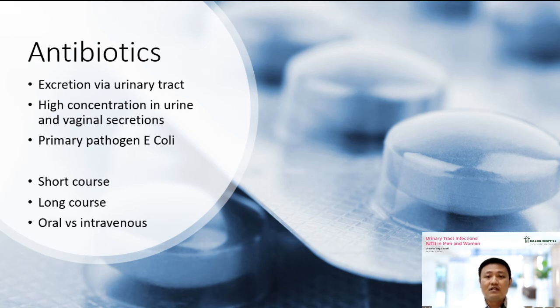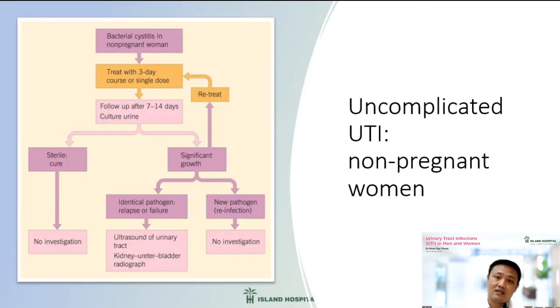Most of the time, a short course of antibiotics, 5 to 7 days, is enough to treat a simple infection. Sometimes you might need a longer course. In severe cases, especially infections involving the kidney where the patient is unwell, they sometimes need admission because oral antibiotics can't treat this condition. Sometimes you need intravenous antibiotics.